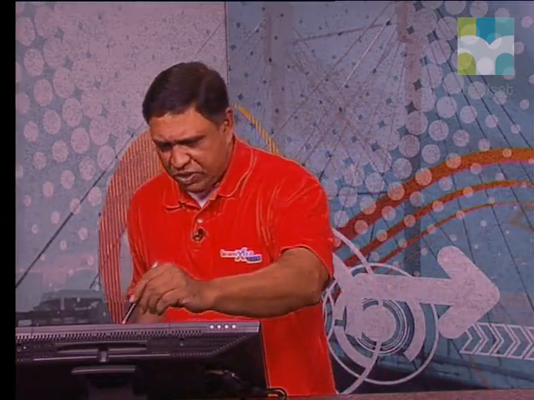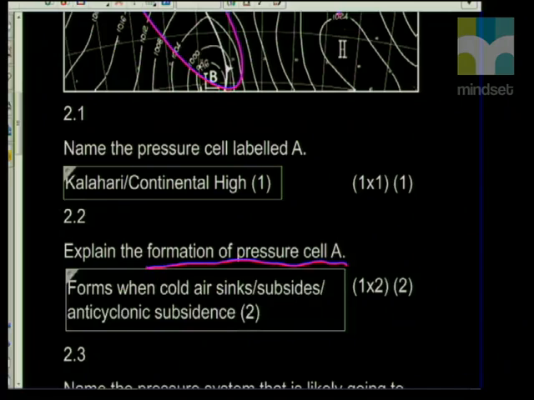I'm going to go a bit faster over these explanations so it gives me more time to do the analytical questions. As we know already, it forms when cold air sinks and subsides, creating an anticyclonic circulation. So it's sinking, the pressure is accumulating, and it's forming a high pressure system. All right, let's look at the next question.